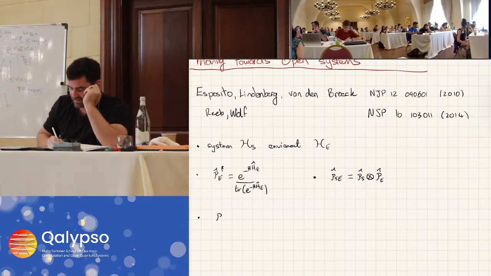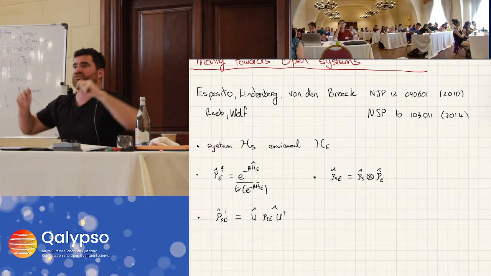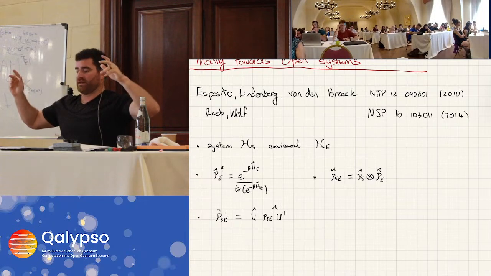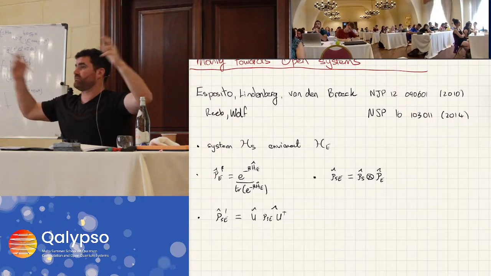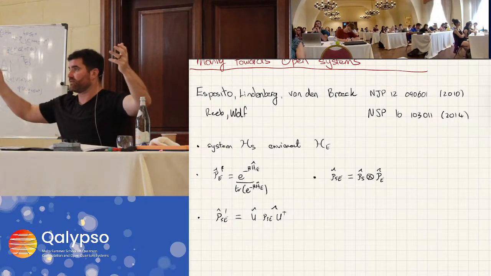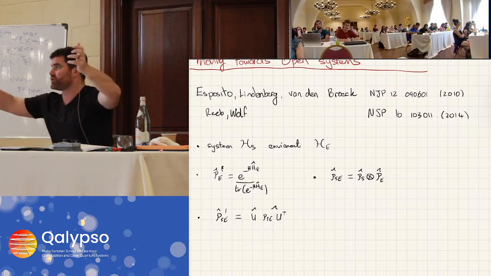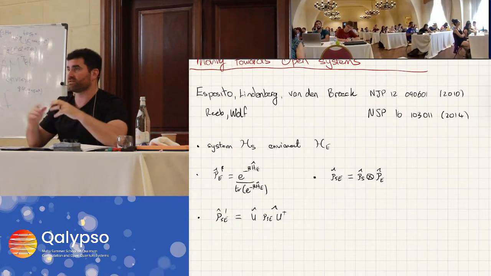The system-environment state evolves in time under this unitary. The unitary can describe, if you like, the switching on of a system-bath Hamiltonian at time 0. Then you get evolution of the entire composite state into some state that we call rho prime SE.